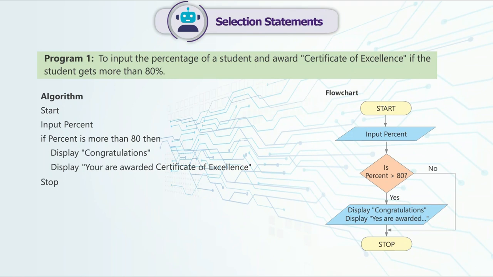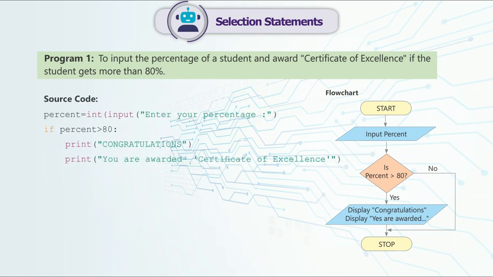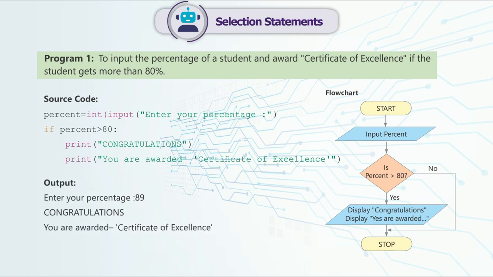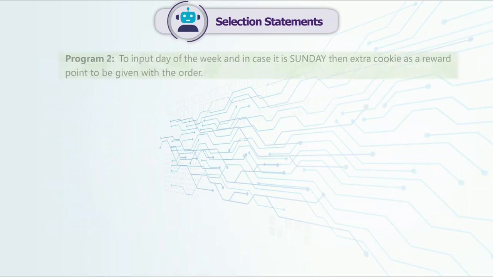Yes: Display congratulations. Display you are awarded certificate of excellence. Stop. Source code. Output. Enter your percentage 89. Congratulations. You are awarded certificate of excellence.